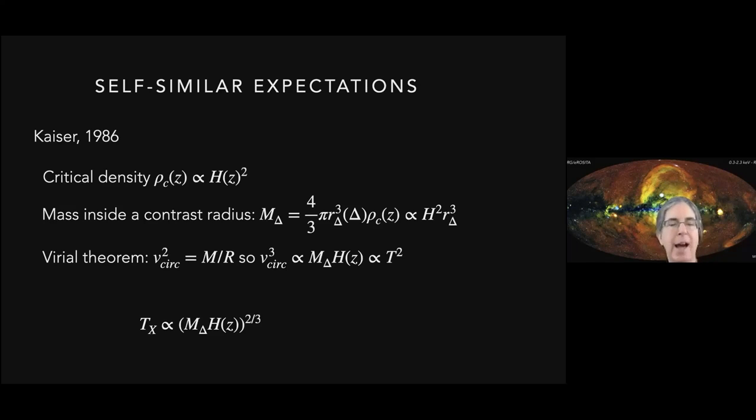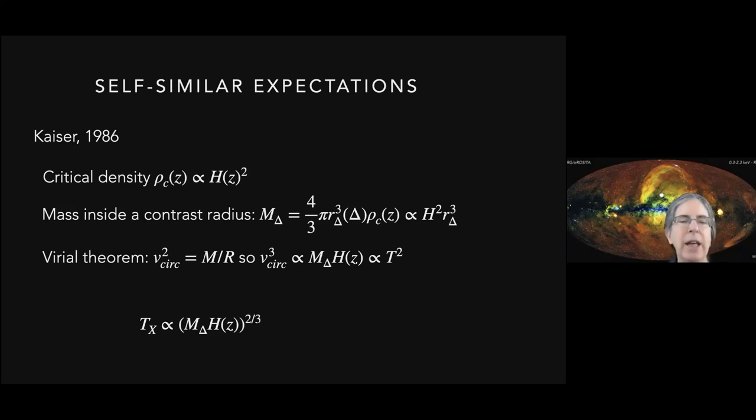You can write down on the back of an envelope what you'd expect for the mass inside a contrast radius based on some number like 200 or 500 times the critical density. Replace that delta with a 200 or 500 to give typical mass scales that we use.